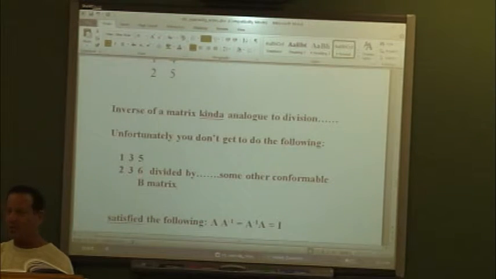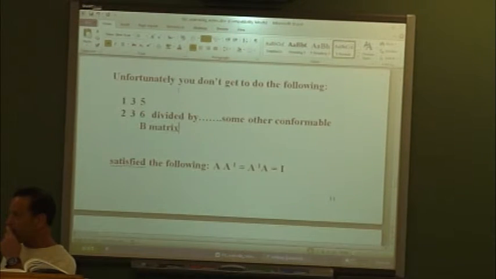It'd be nice and save you time if I got another matrix, just divide. But that's not what you get to do.